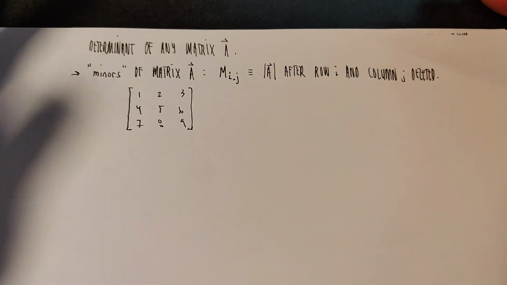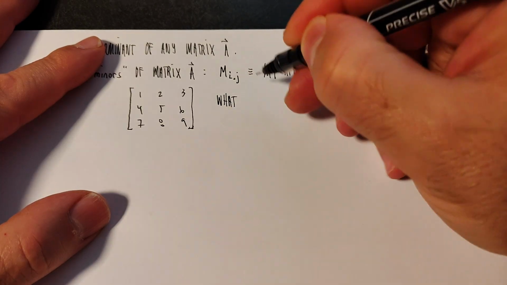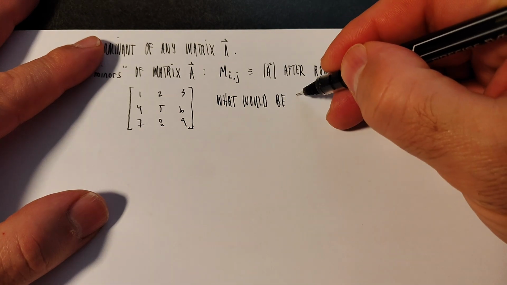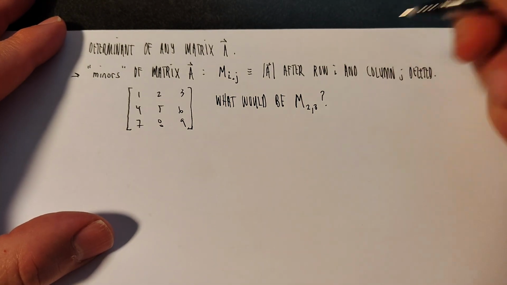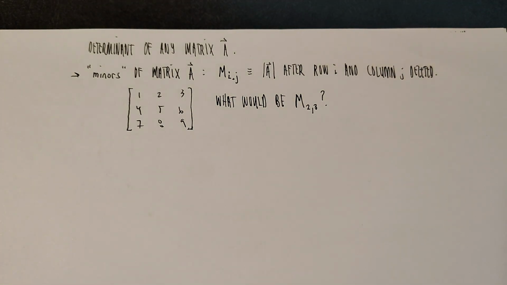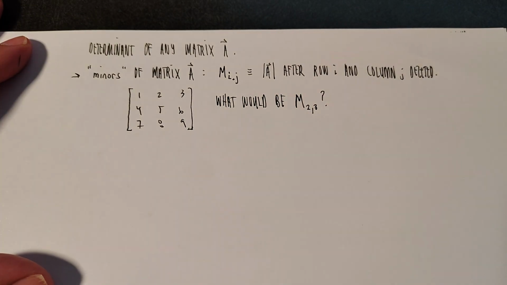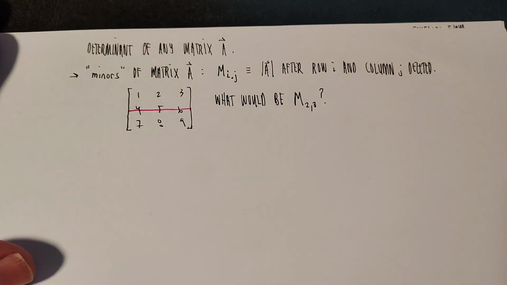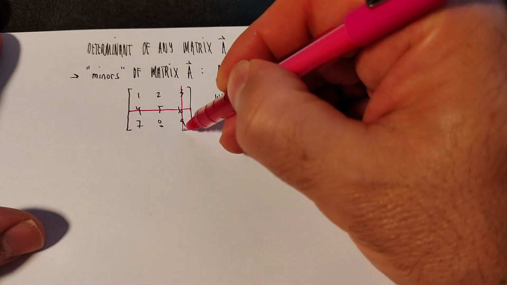So let's see, what would be M, I don't know, 2, comma 3, right? So what we would have to do is follow the directions. We want to delete row I and column J. So we're going to delete row 2, right? And we're going to delete column 3, right?